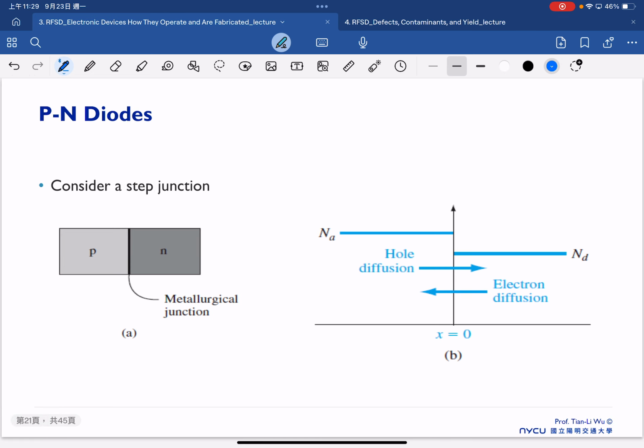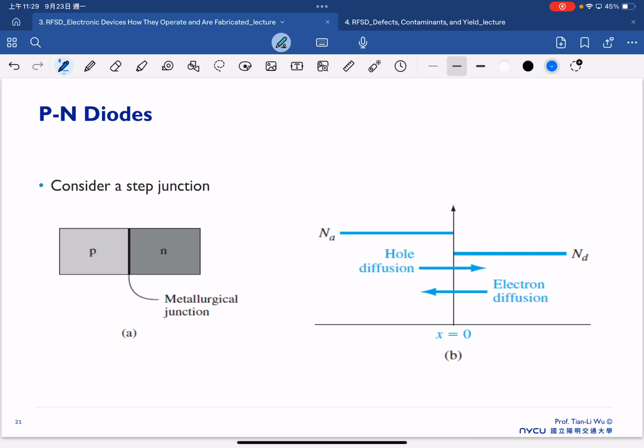So finally, we finish the basics you should know related to one piece of semiconductor material. But as already said, the most amazing part of semiconductor material is that we can put in different dopants, and then we can have P-type or N-type semiconductor.